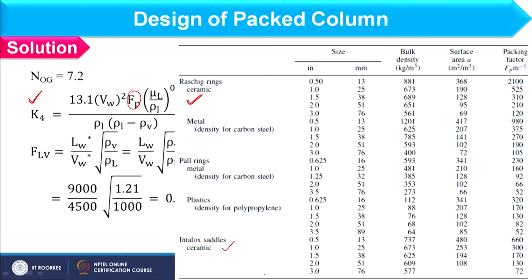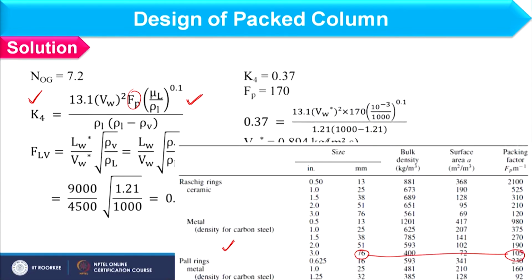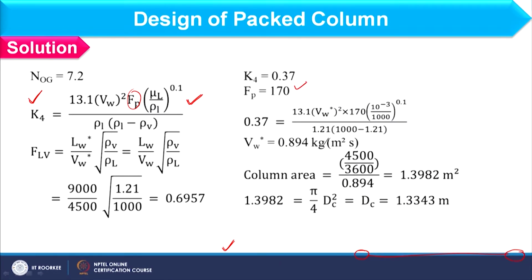However, some difference is there, but more or less it is falling in the same category, right. So, here I have 38 mm size, and corresponding to this you can find the FP value as 170.